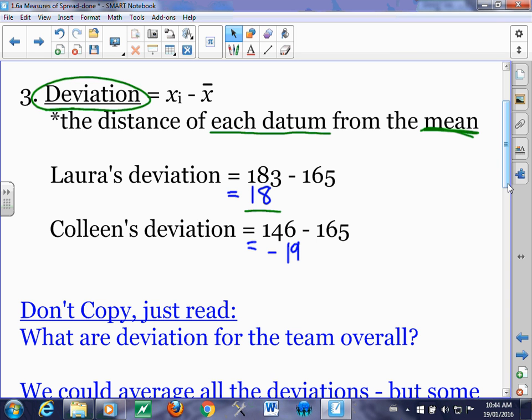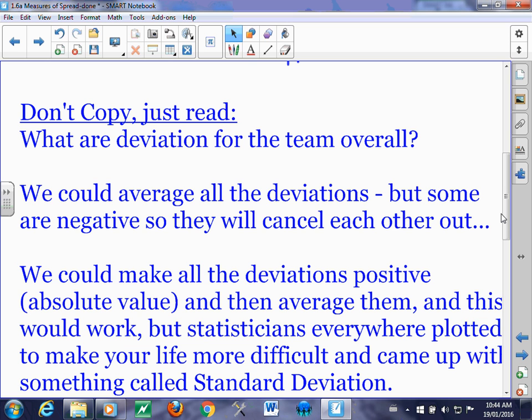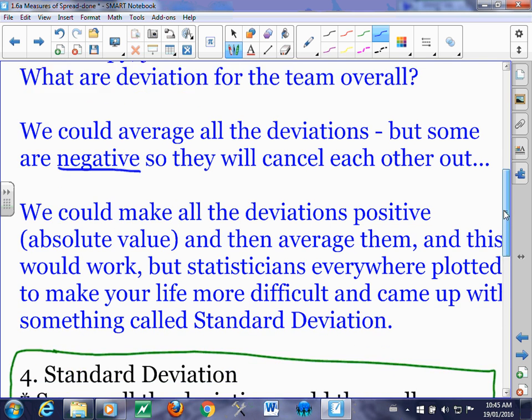Okay, don't copy the rest of this. Just listen. Okay. So, what are the deviations for the overall team? Well, the problem here is we've got some negative values and some positive values. So what we need to do is we could average all the deviations, but some are negative, so they would cancel each other out. Okay?